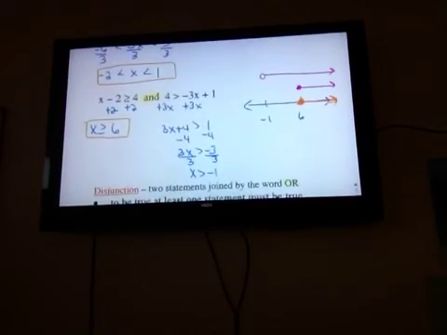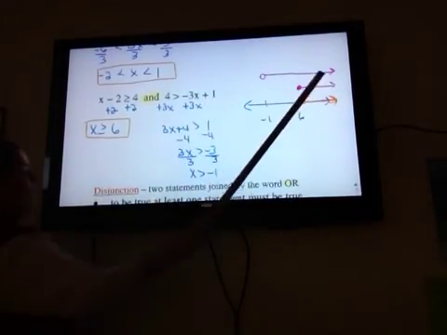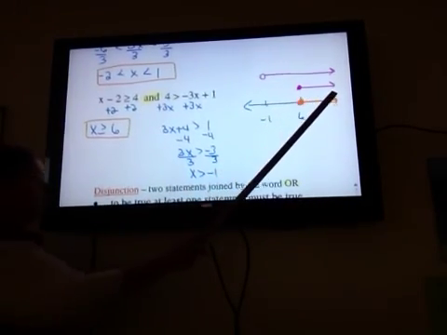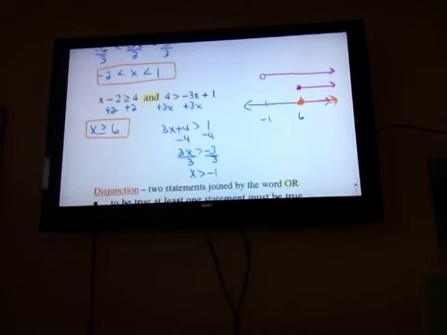But when I'm going in the same direction, and my word is and, it's the shorter line. Some people like to think that way. I like to think of it as unions and intersections to mathematically be correct, but that's how it works.